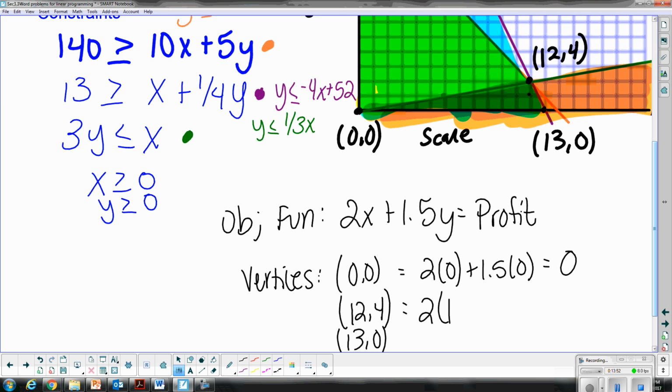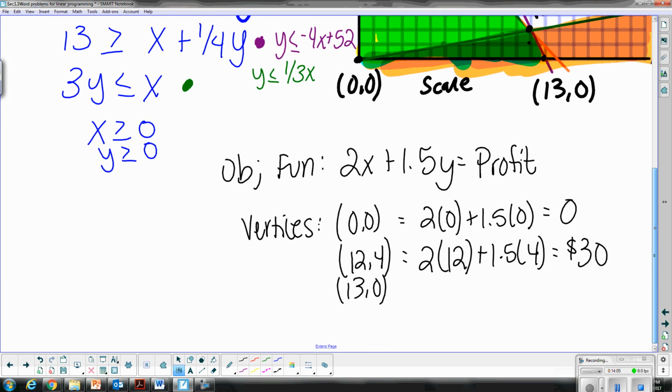And then 2x plus 1.5y equals 24 plus 6, which is 30. And then my last one, 2x plus 1.5y equals 26.